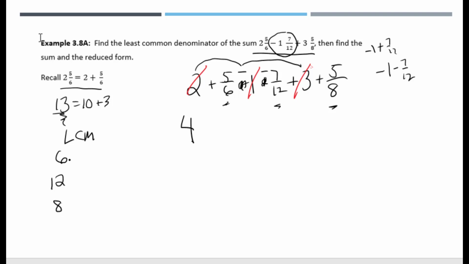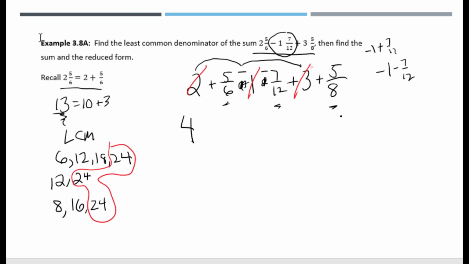So look at this in terms of multiples. 6 times 1, 6 times 2, 6 times 3, 6 times 4. That's probably it. 12 times 1, 12 times 2, 8 times 1, 8 times 2, 8 times 3. So there is our least common multiple.